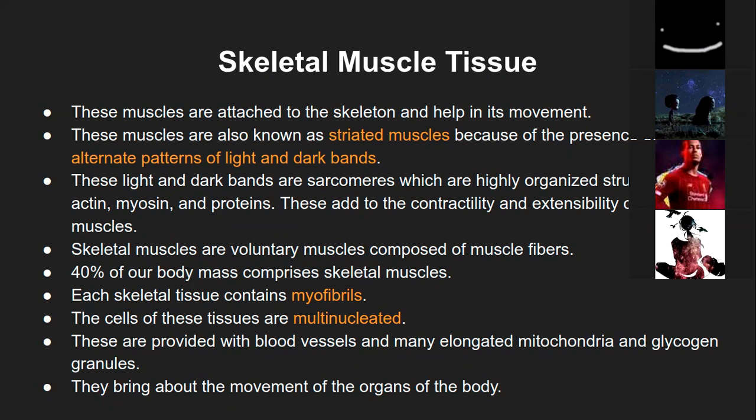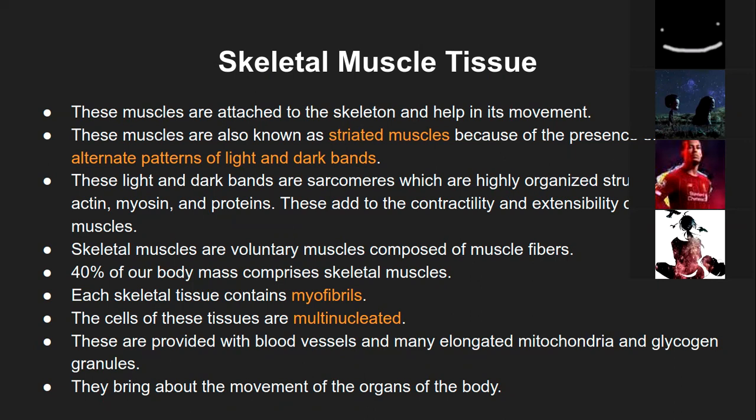Yes. The last point says they bring about the movement of the organs of the body, but the organs of the body don't move. Hand, leg. But that's not organ. Yeah, that's the organ system in a way. Oh, but I thought organs are like lungs and liver. Yeah, they are internal organs. These are peripheral organs.